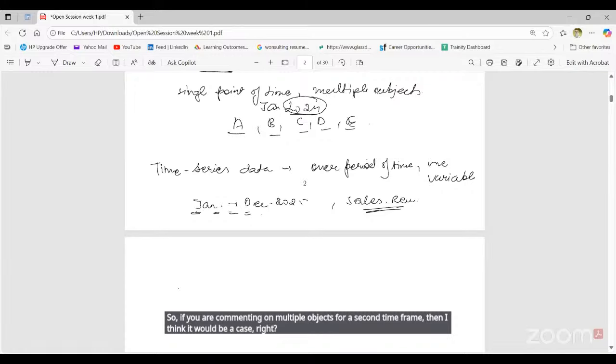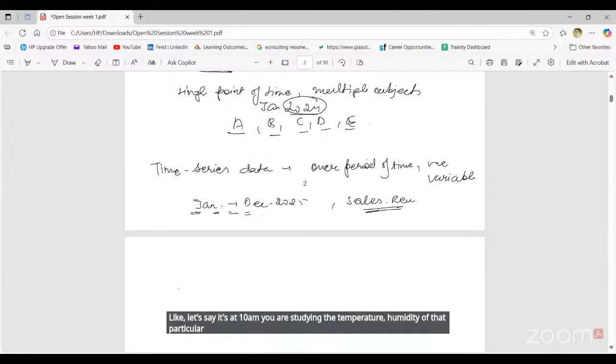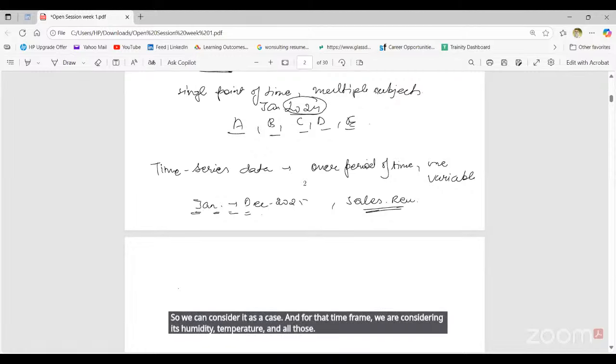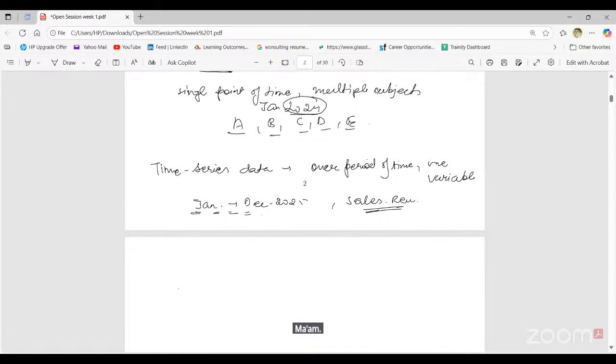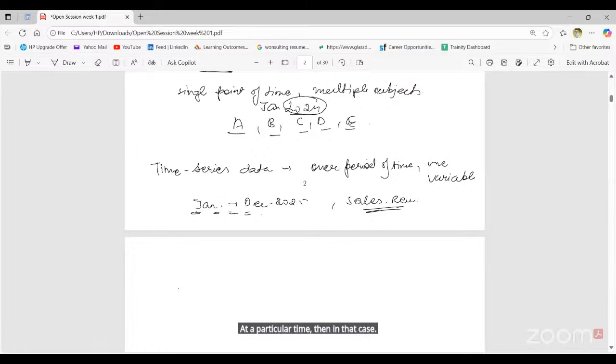Like let's say at 10 a.m. we are studying the temperature and humidity of that particular time. So we can consider it as a case, and for that time frame we are considering its humidity, temperature, and all those. Ma'am, if we are studying time, then time would be the case. But if we are studying something else at a particular time, then time is not a case, I think.